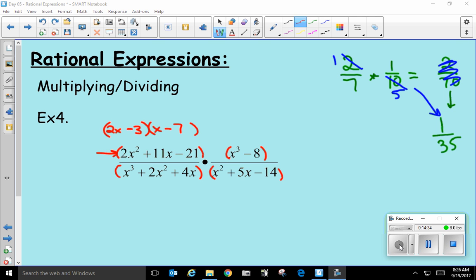Okay, there you go. Without having to do guess and check, how do I know that works? Because I know 2x times x is 2x squared. That gives you negative 14x. Does that work? Because that should be negative, which means this should be positive 3.